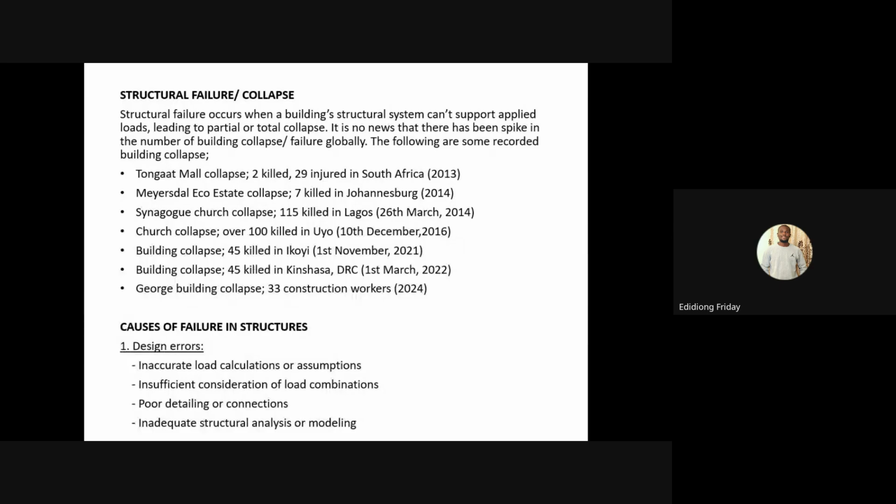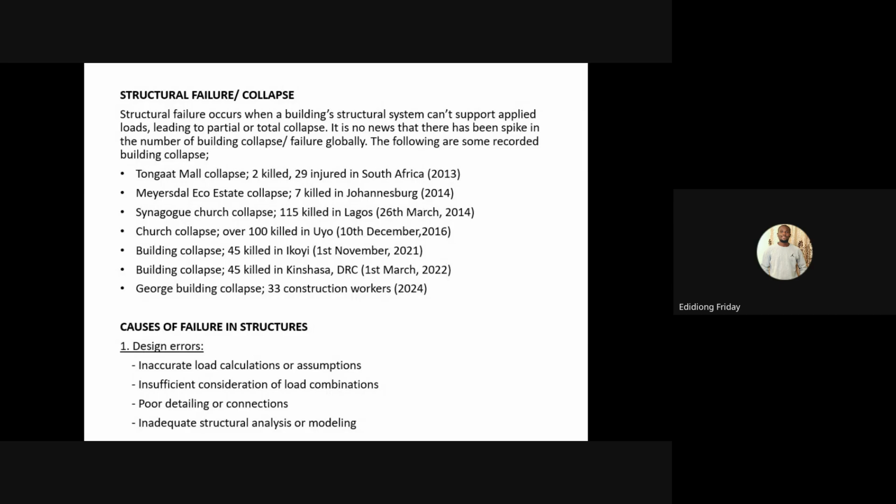the casualty is high. We have the Tangat Mall collapse in South Africa in the year 2013. 2 were killed, 29 were injured. Bayersdal Eco Estate collapse in Johannesburg, South Africa. 7 were killed. The Synagogue Church collapse in Lagos, Nigeria. 115 were killed.